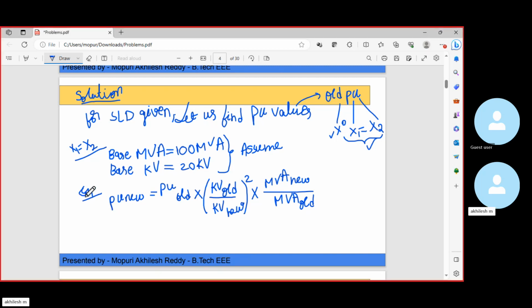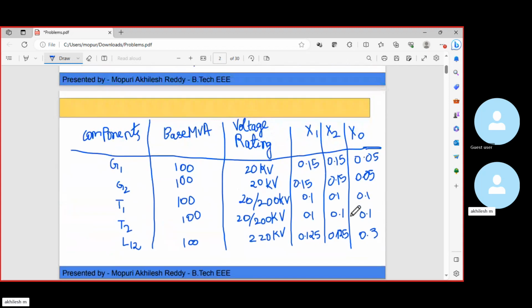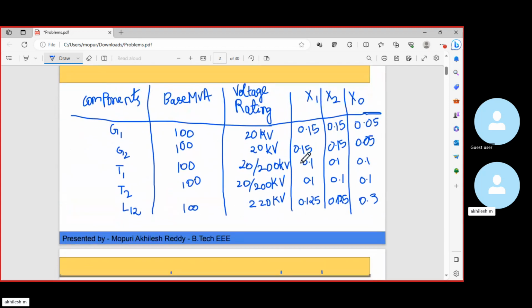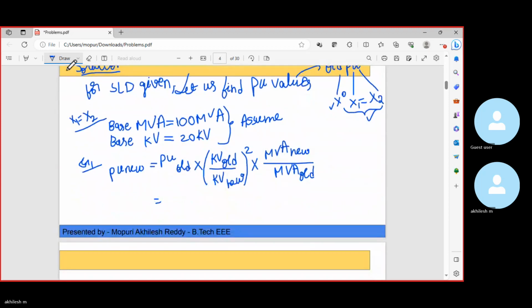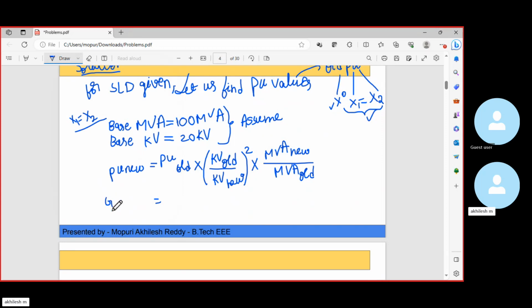For generator 1, what is the old per unit value? 0.15. This is my formula. Yes, Akhilesh, generator 1, old per unit is j0.15. And then what is my kV rating?